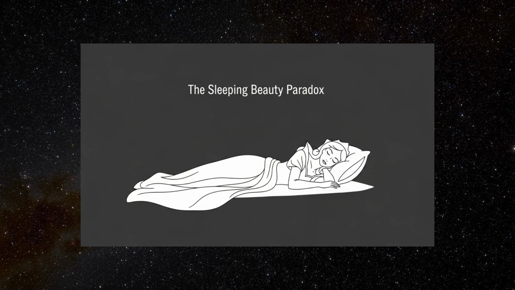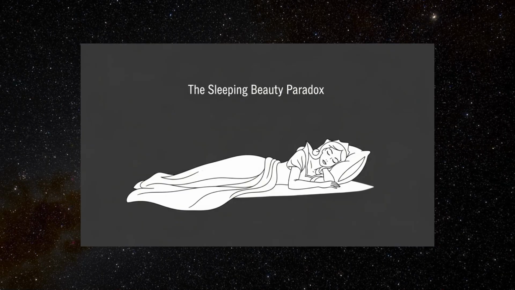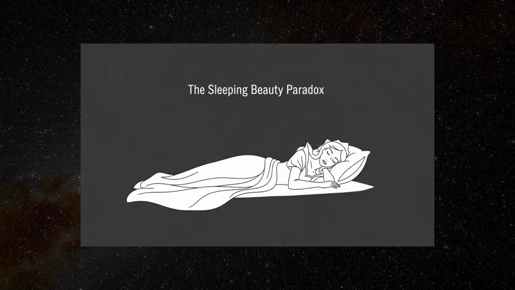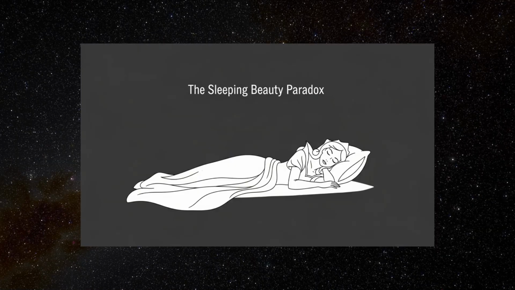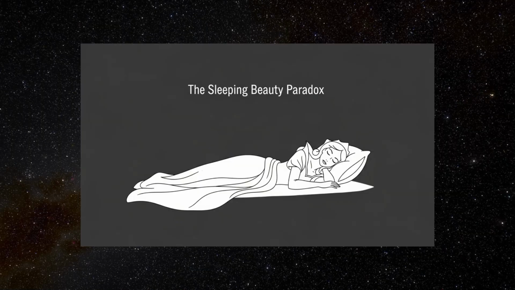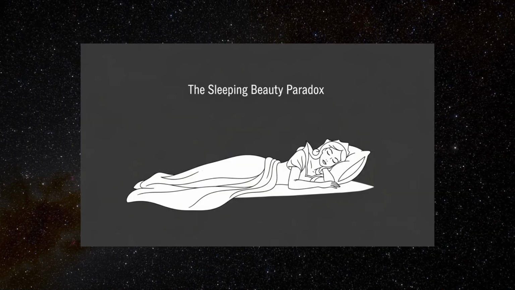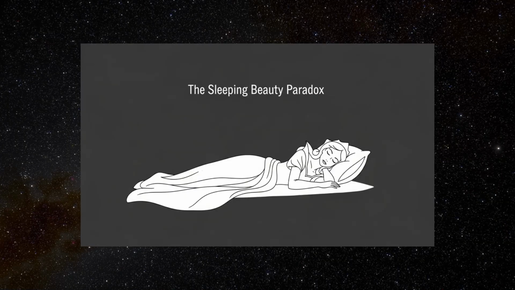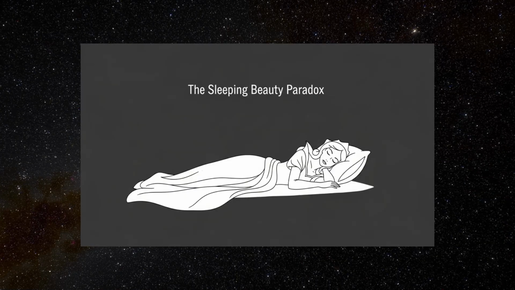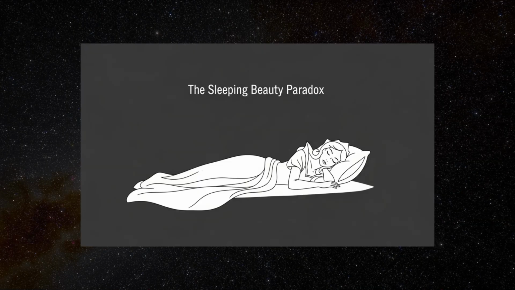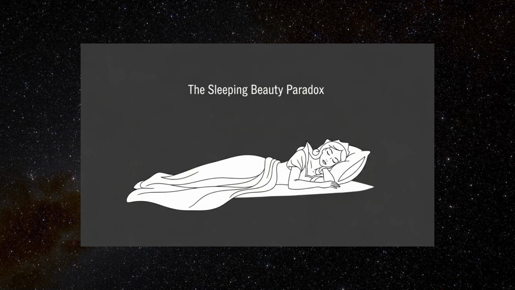Given that Beauty doesn't know which day it is when she wakes up, and all awakenings are indistinguishable, she has to consider the relative frequency of those awakenings. There are three possible awakening instances, heads Monday, tails Monday, and tails Tuesday. Only one out of those three corresponds to heads. Thus, her credence in heads should be 1/3, and in tails, 2/3.